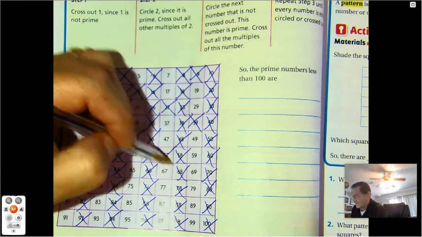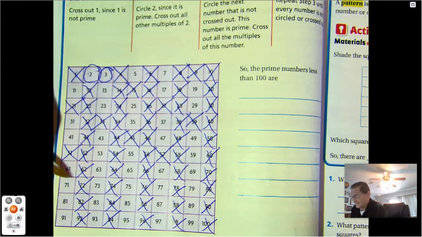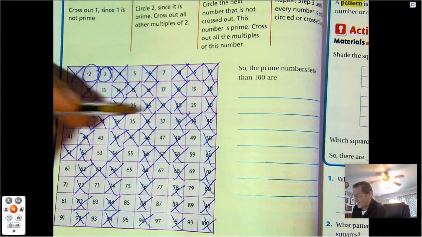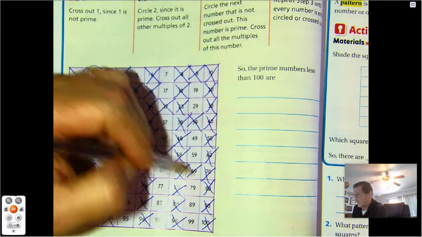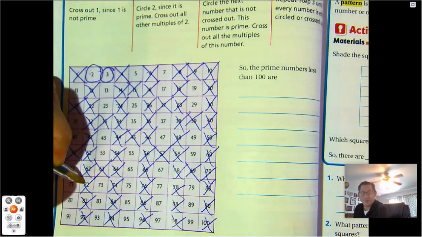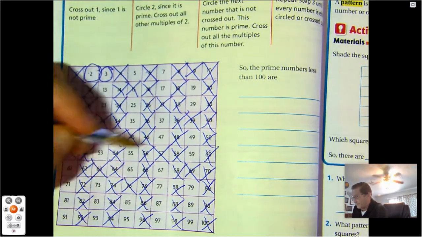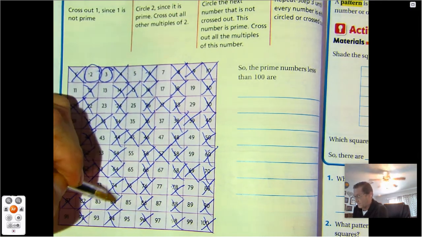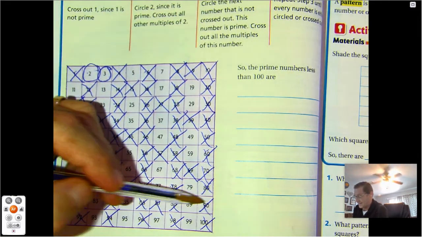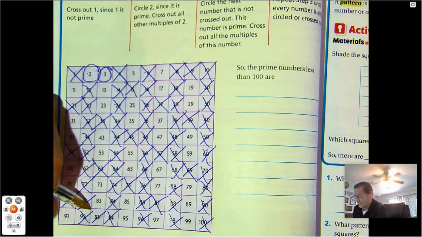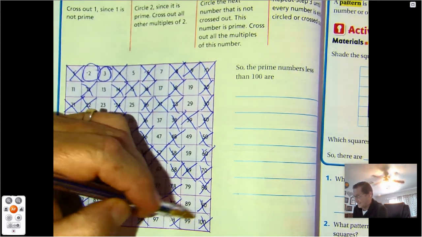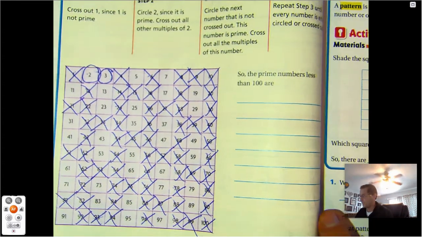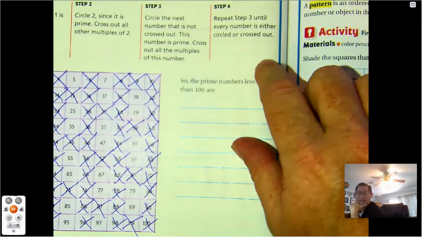So all I'm doing in my head is counting by threes, right? 63, 66, 69, 72, 75, 78, 81, 84, 87, 90, 93, 96, 99. Okay, so we eliminated a lot more. And then he says, repeat step 3 until every number is either circled or crossed out.